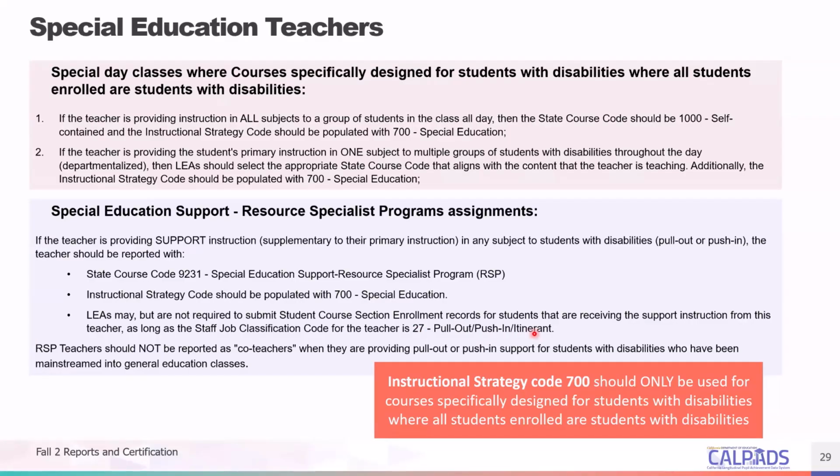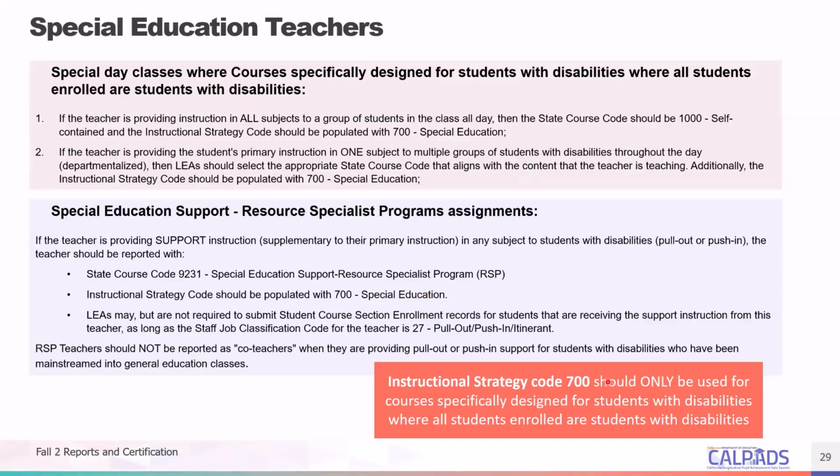That way, you don't have to roster a student in this class that you are creating for the staff member, because the goal is we just want to identify this teacher as providing RSP services to students, right? The combination of a job classification of 27 and then a state course code of 9231 with the 700 should be assigned to an RSP teacher.